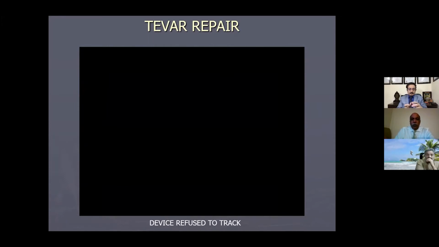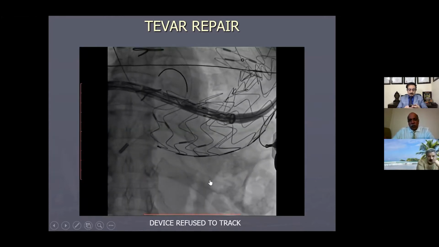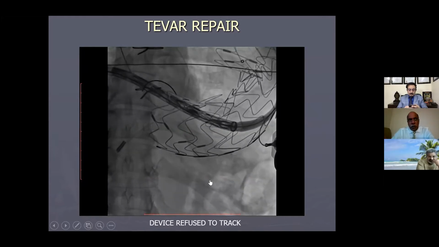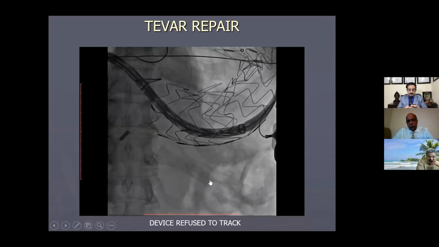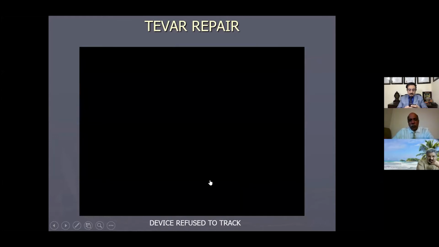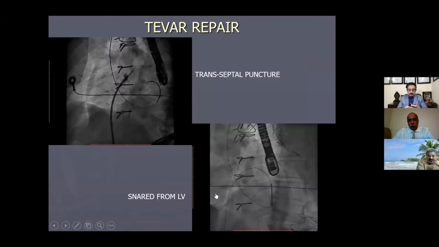So the only way we could proceed was to get the wire, trap it in the right ventricle, and then pull it out from the femoral venous route, and then we have access on both sides, so it's like flossing.